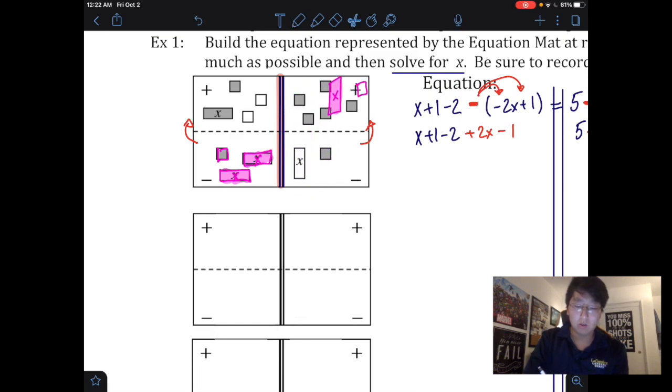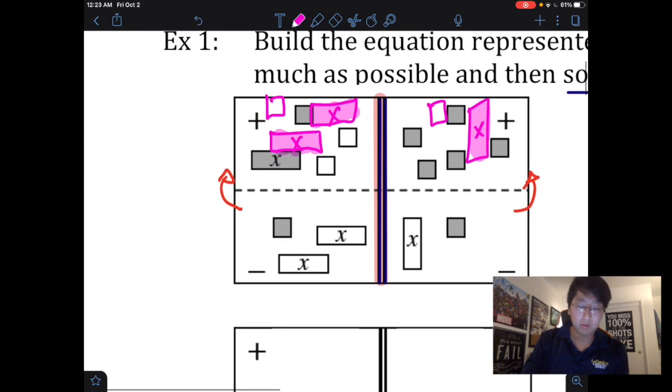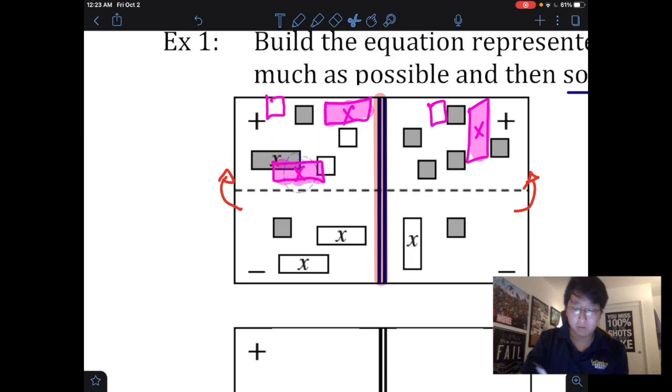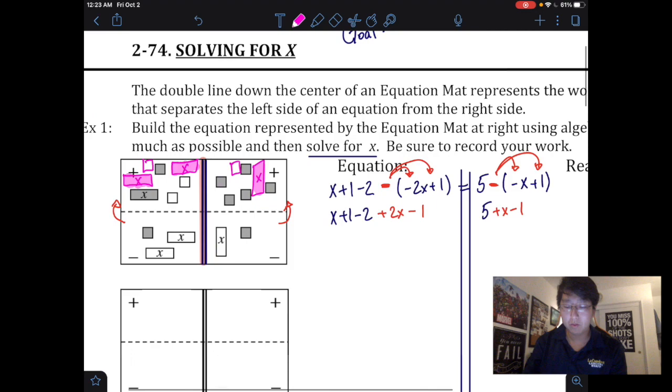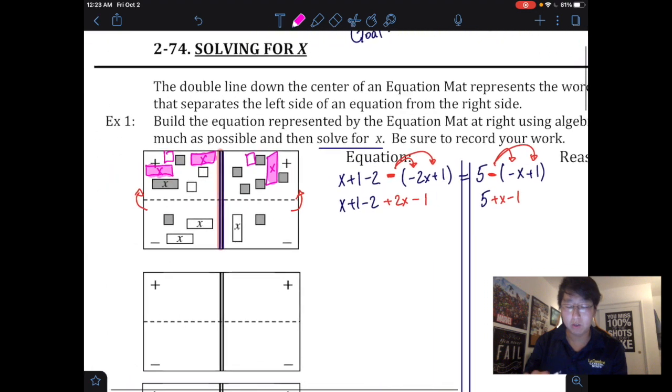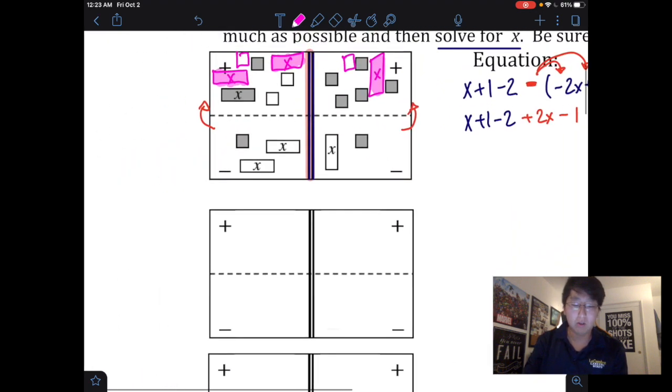So let's go ahead and move them up. Same thing here. Squeeze them in. Alright. So that's the first thing we did. We distributed. Now we'll copy that up here.